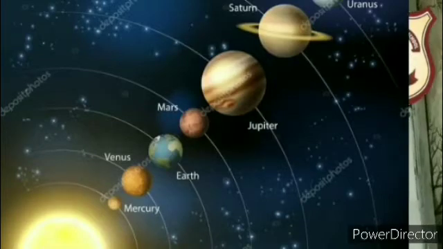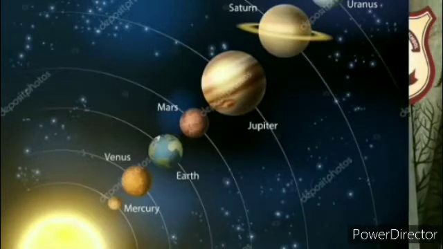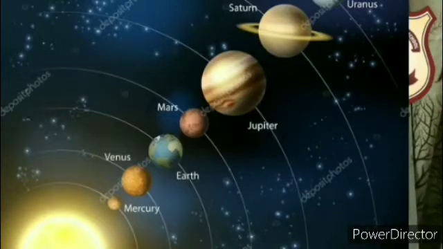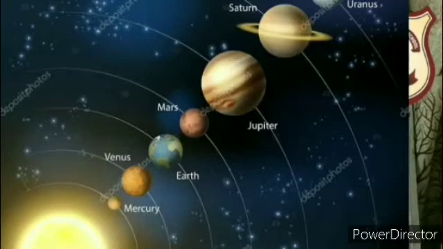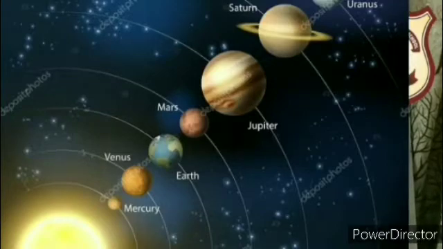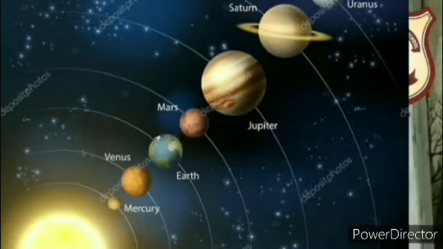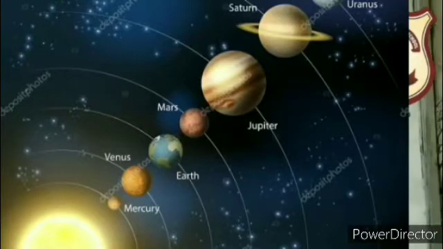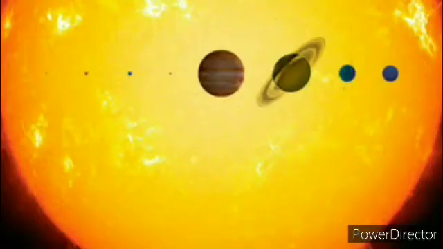The 8 planets are Mercury, Venus, Earth, Mars, Jupiter, Saturn, Uranus and Neptune. The surface of the sun is made up of hydrogen gas, and this hydrogen gas burns and gives us heat and light. That is why the sun gives us heat and light.